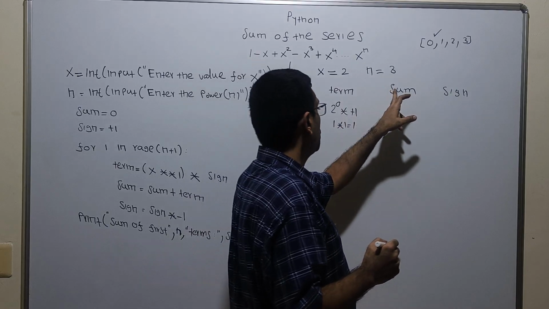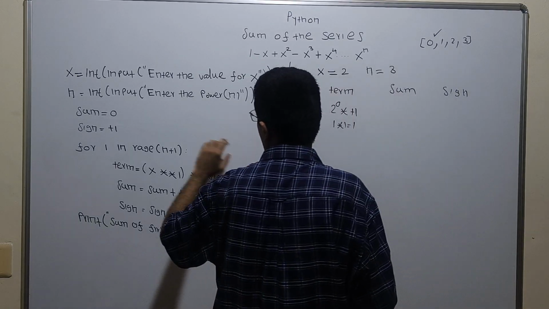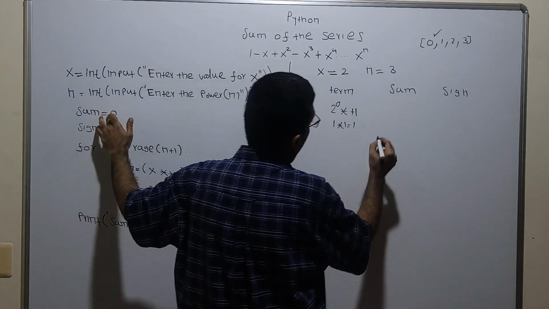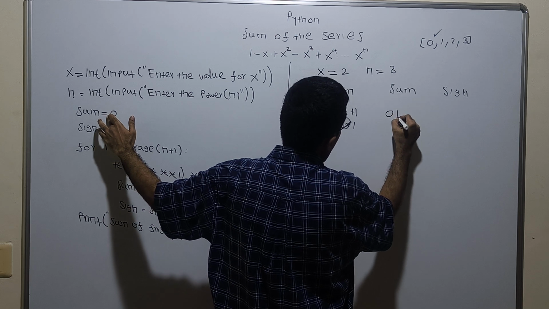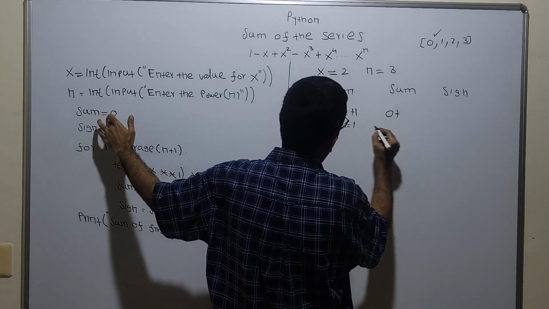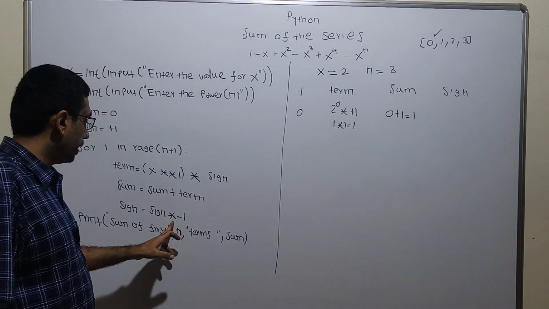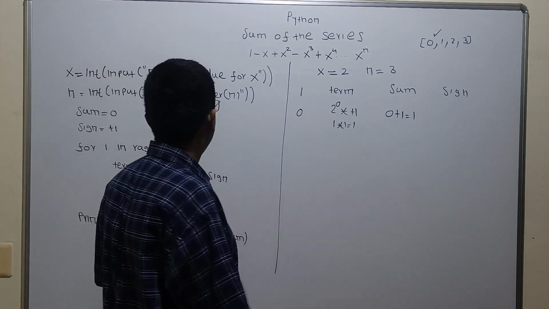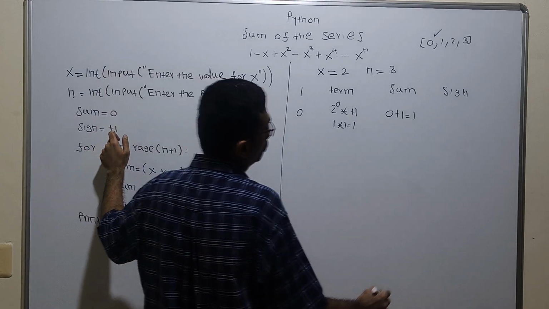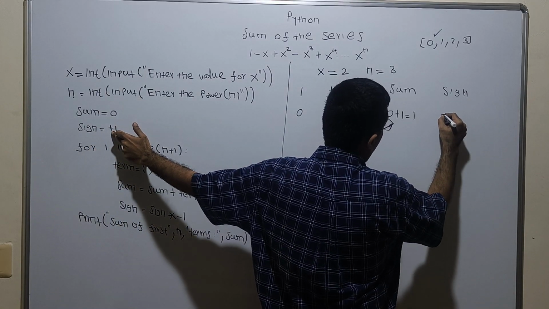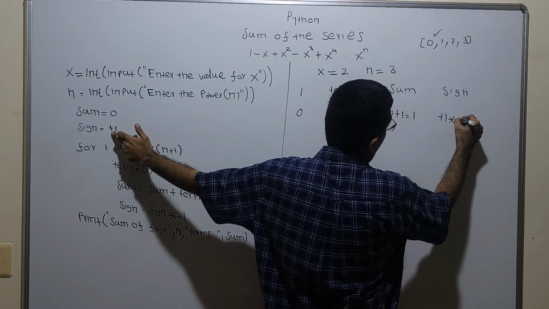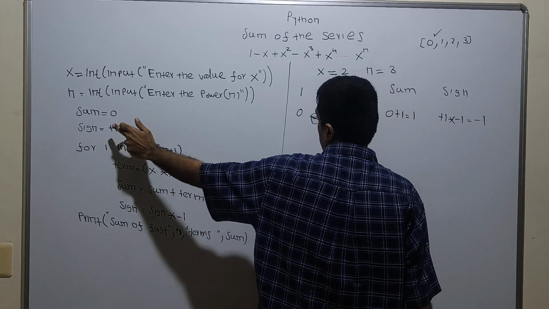Now sum equal to existing value of sum plus term. The existing value of sum is 0, so 0 plus the value in term, 1, sum becomes 1. Sign equal to sign multiplied with minus 1. The existing value of sign is plus 1, multiplied with minus 1, that is equal to minus 1.